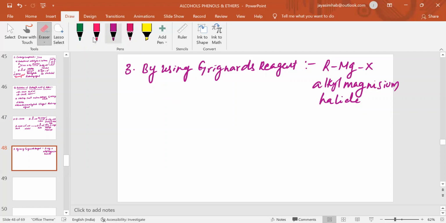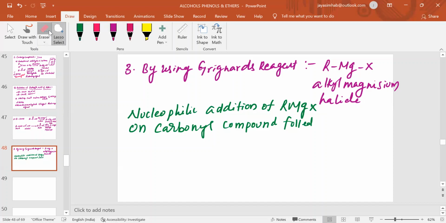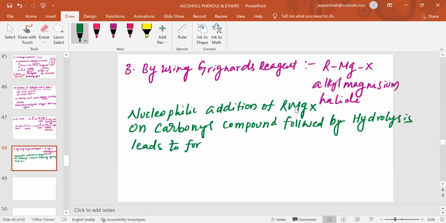You can write one statement here: nucleophilic addition of Grignard's reagent, RMgX (I'll write RMgX instead of Grignard), on the carbonyl compound, followed by hydrolysis, leads to formation of alcohols.